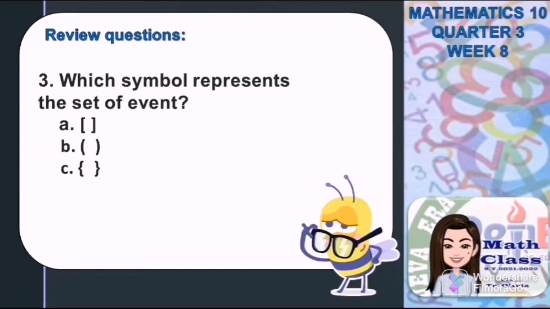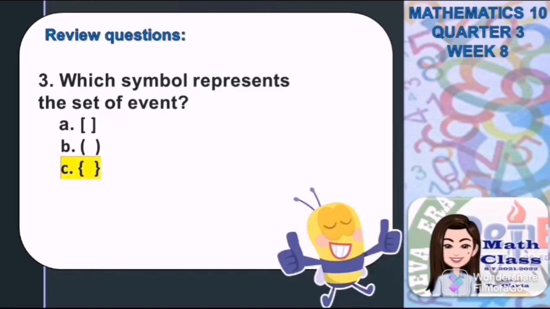Number 3. Which symbol represents the set of events? A, B, or C? Very good. The correct answer is letter C. We are using braces to represent set notation.